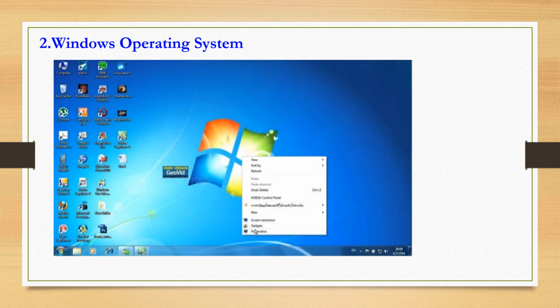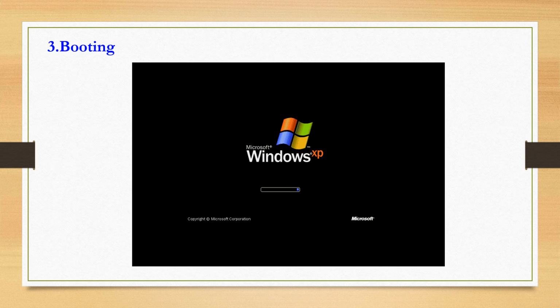Now let's check what is called booting. Do you know what booting means? You must have seen this screen whenever we turn on the computer system. While starting, it starts some processes, and we can see a blue light passing here and there.